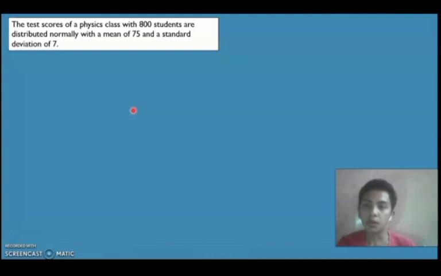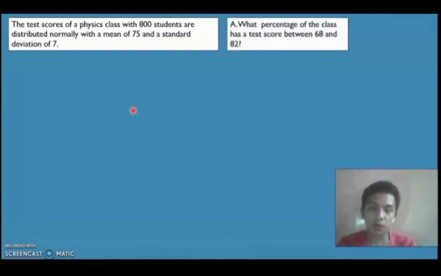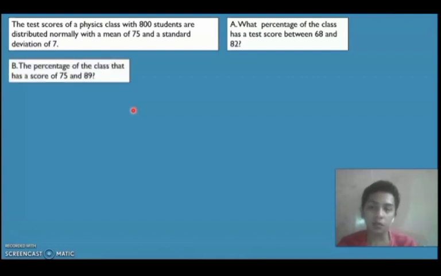For example, the test scores of a physics class with 800 students are distributed normally with a mean of 75 and a standard deviation of 7. Let's draw first the question: what percentage of the class has a test score between 68 and 82? And what percentage of the class has a score between 75 and 89?